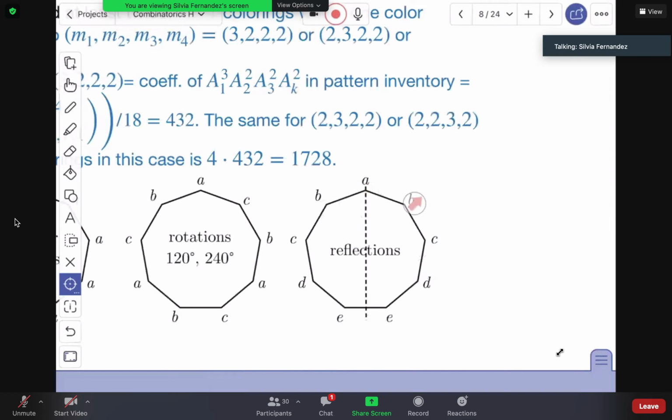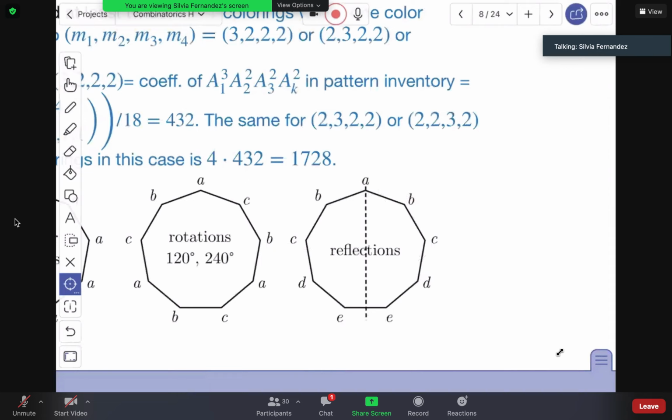Remember, this is already done, so that's why I already have all the labels. But if I were doing this now, I look at another vertex that hasn't been labeled. I use a different label. It doesn't matter which one. B. I see where it goes under my transformation. There. I apply my transformation again, back to the original. That closes my cycle. Those are the only two with B's.